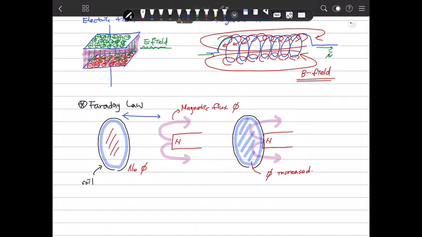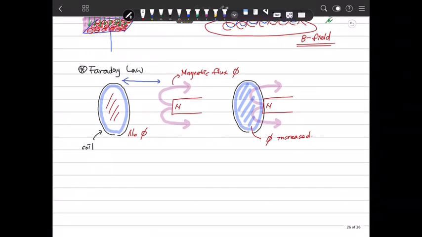The Faraday law means that in the loop there are some flux variations. Then because of this variation of flux, between this port and this port, some voltage is induced: e equals d phi over dt, where the turn number is 1. This is the Faraday law.